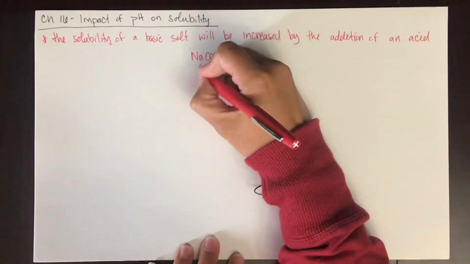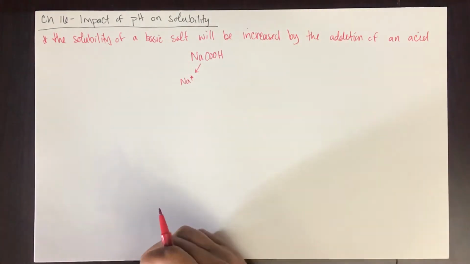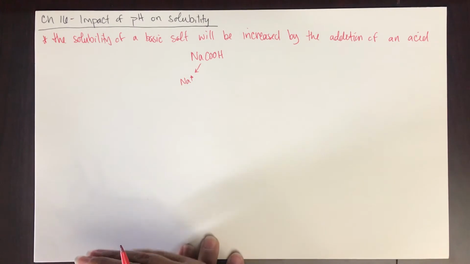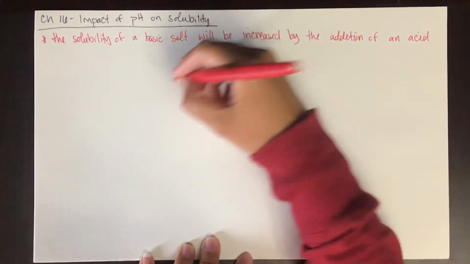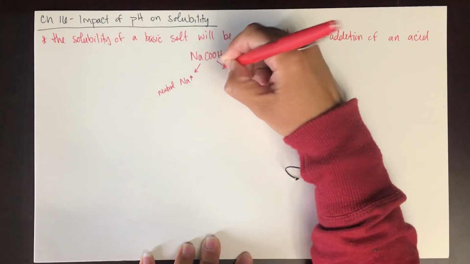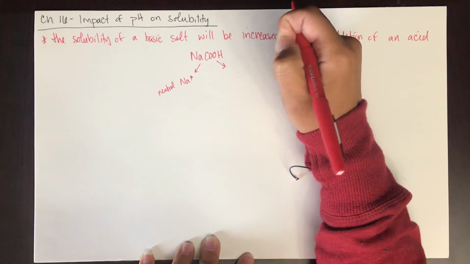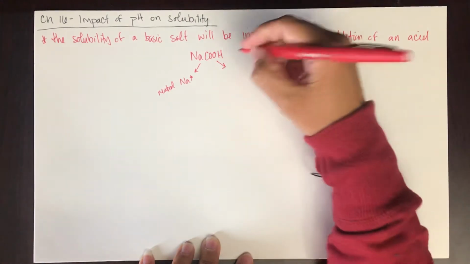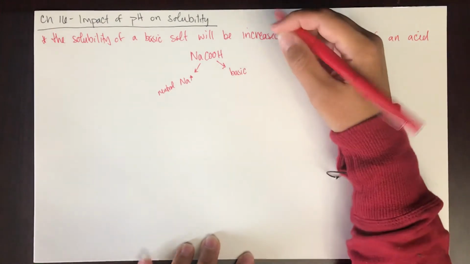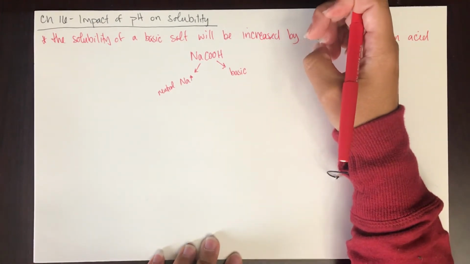And here we have sodium, which is neutral because it is the conjugate acid of a strong base. So this is neutral. And then we have this COOH, which is basic because it is the conjugate base of a weak acid.